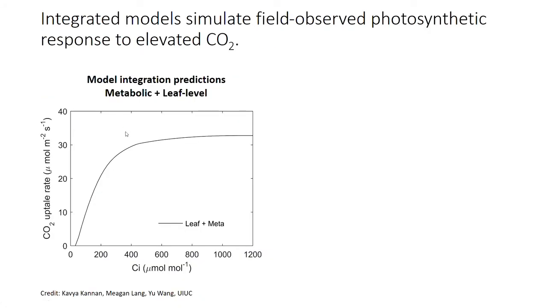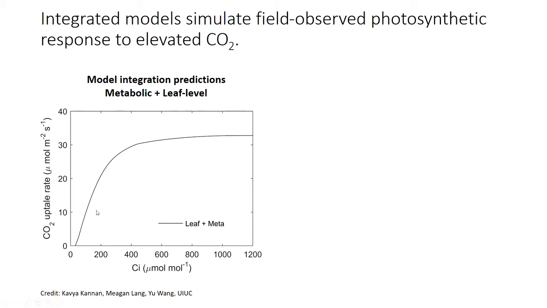The key outcome of this model integration was that the integrated models were able to simulate field-observed photosynthetic response to elevated CO2. What we're looking at here, again, is a standard A/Ci curve for carbon assimilation.